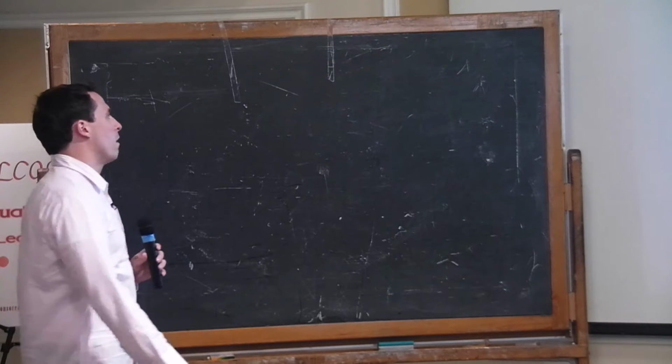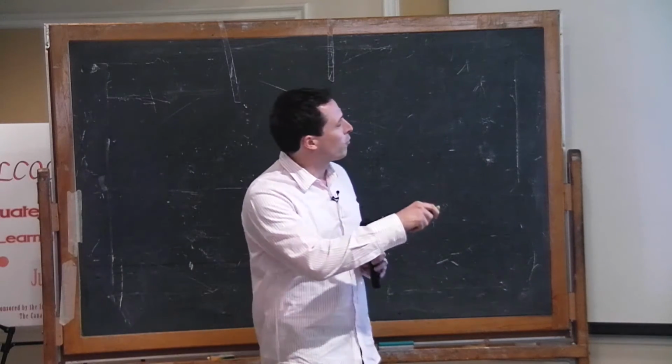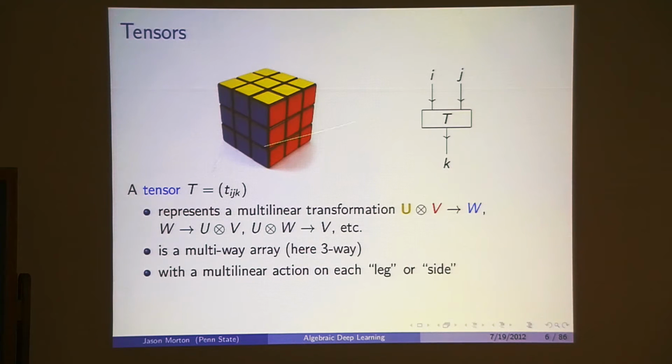So a tensor is a full Rubik's cube, not necessarily the same number of guys on each side. And that represents a multilinear transformation. So now all 3 of these, the red and the blue and the yellow, matter.